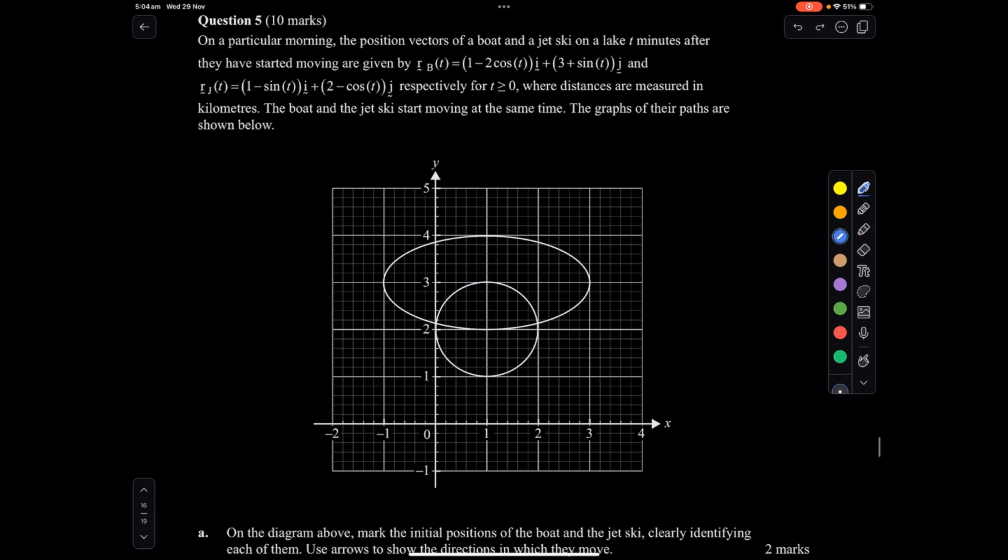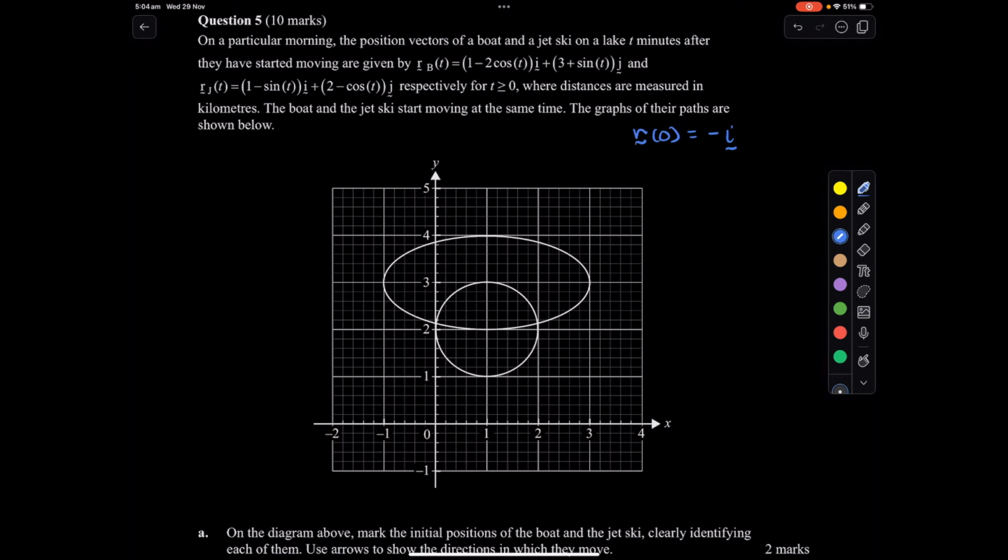All right, so let's try to find the position of the boat. One of the easiest ways is to ask what the position of the boat is initially, at t equals 0. If I sub in cos of 0, which is 1, then 1 minus 2 is negative 1, so that's negative i.